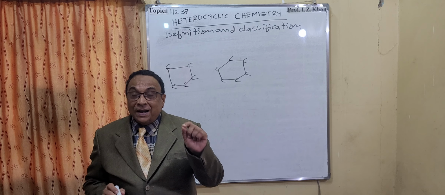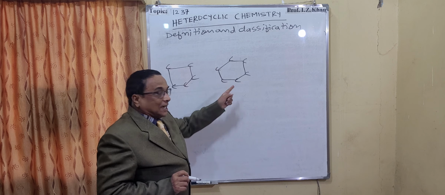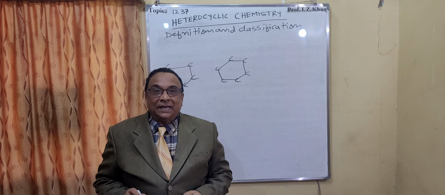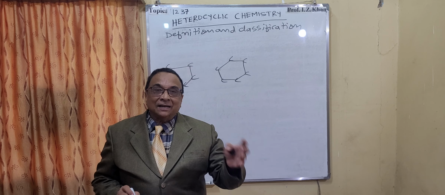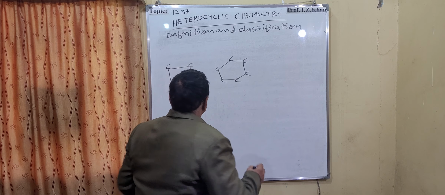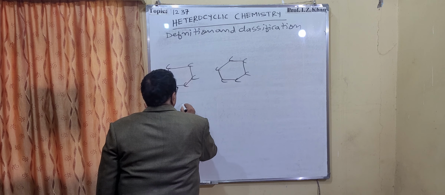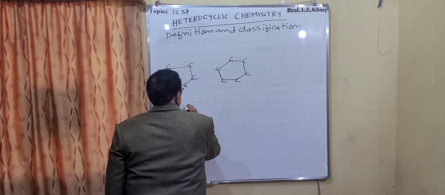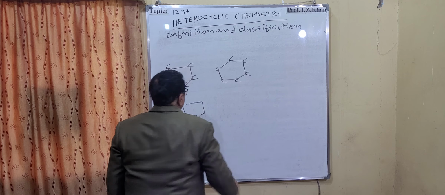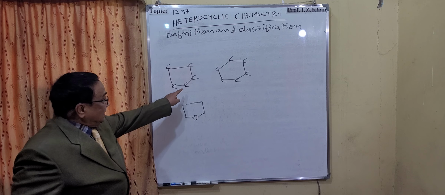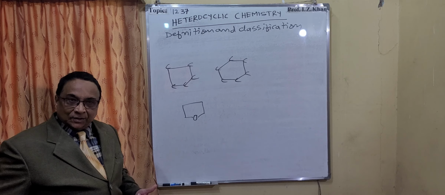But if one different atom is substituted in place of any of these carbon atoms, they become hetero. Hetero means different, other than carbon. For example, if a compound is like that, one carbon is replaced by oxygen, it has become hetero.